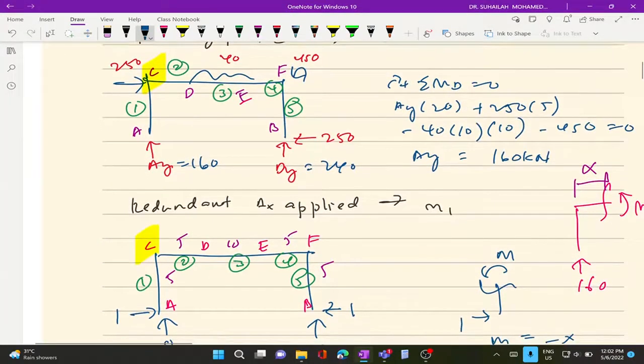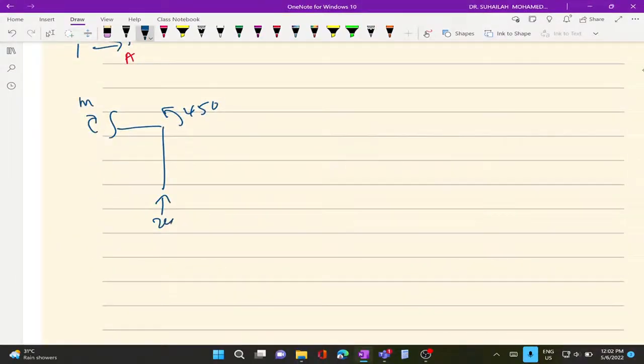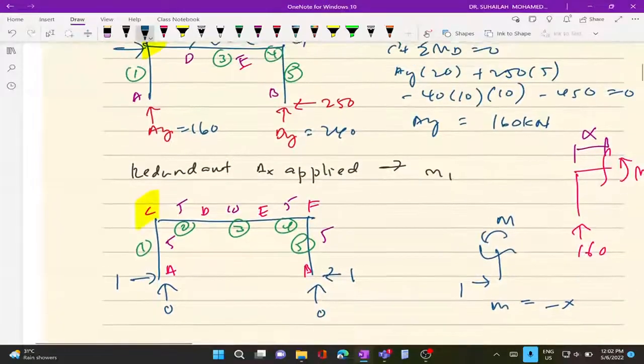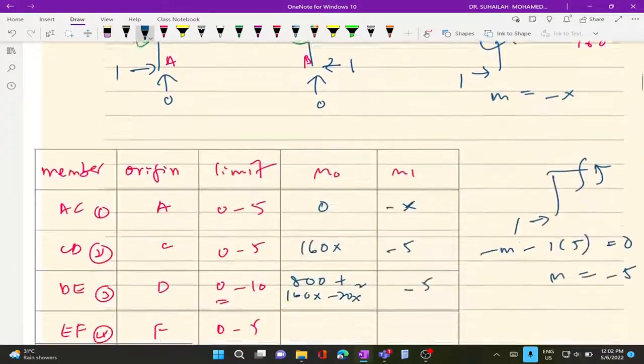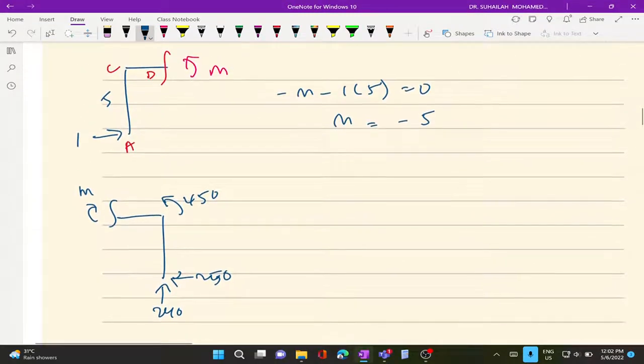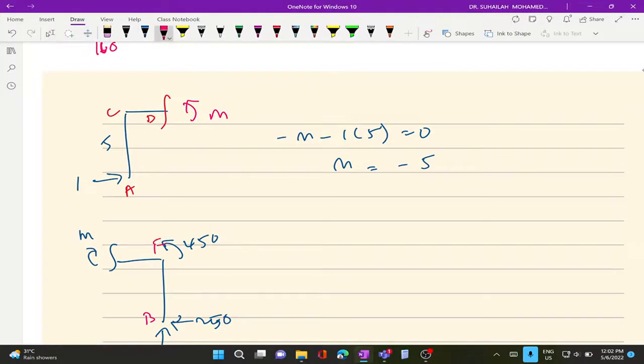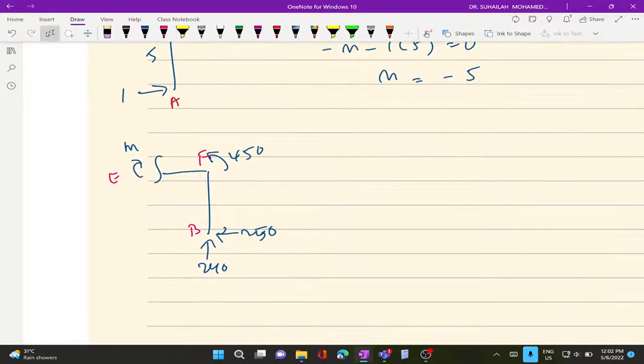So we have dy 240, and we have 250 reaction. So this is B, F, E somewhere here. So we want E, F. So origin we choose F, means X start from F.